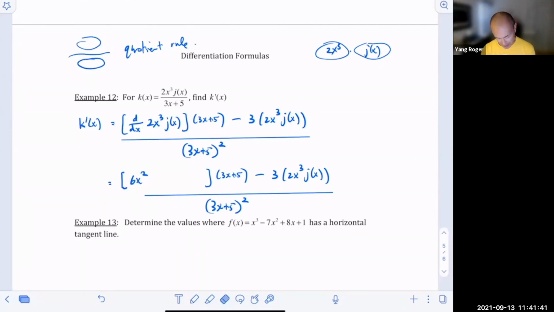And then I got to keep the second thing, which is j of x. I got to take the derivative of the second thing, which is j prime of x, and I keep the first thing, which is 2x cubed. So this right here is your final answer.